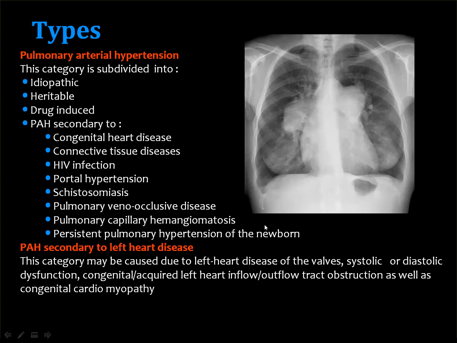And I discussed the last two issues in the pediatric imaging, considering the diffuse lung disease. Then pulmonary arterial hypertension secondary to left cardiac disease. And you know that the left cardiac abnormalities will be reflected on the pulmonary veins, then on the pulmonary arterial circulation, resulting in pulmonary arterial hypertension.